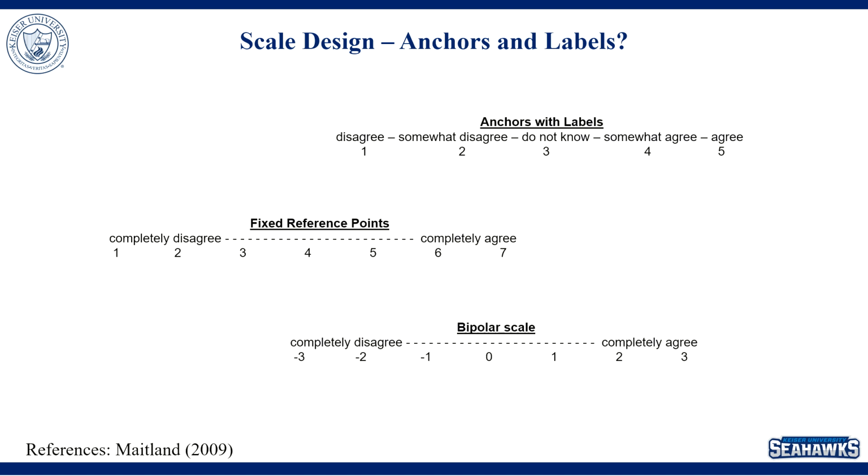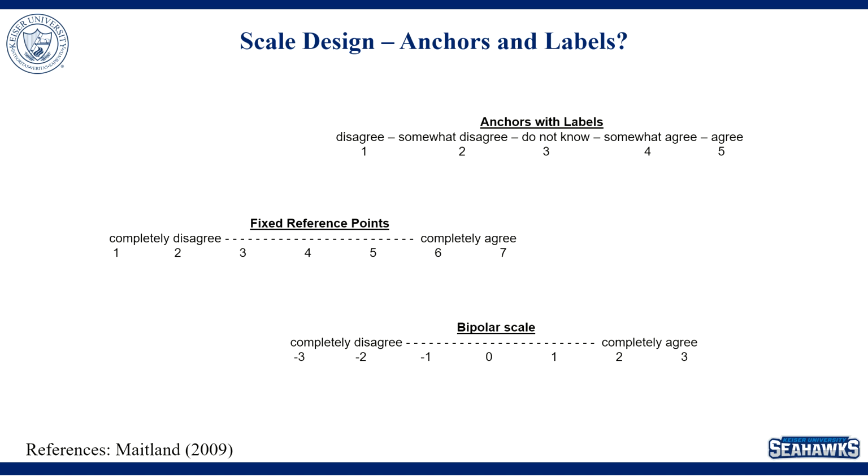Some other examples, some of the debate, there's some debate whether there should be anchors with labels throughout the entire Likert scale, or perhaps just on the ends. So in the first example, anchors with labels would be disagree, somewhat disagree, do not know, somewhat agree and agree.